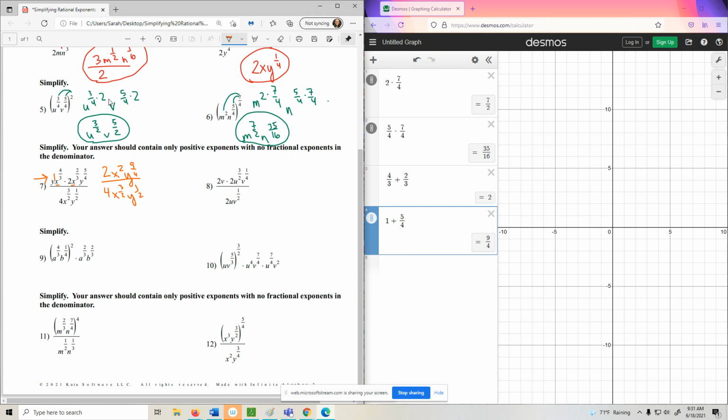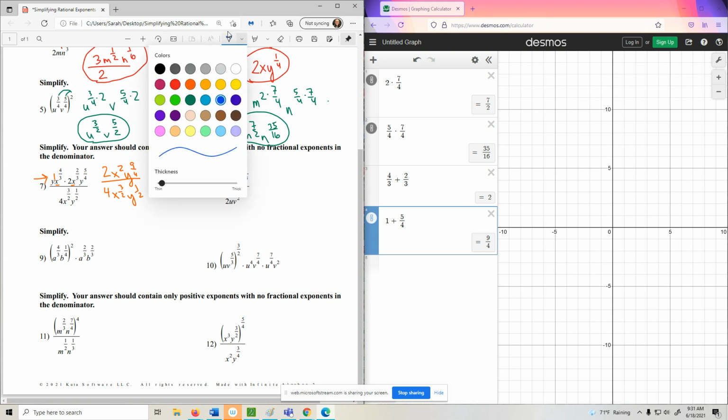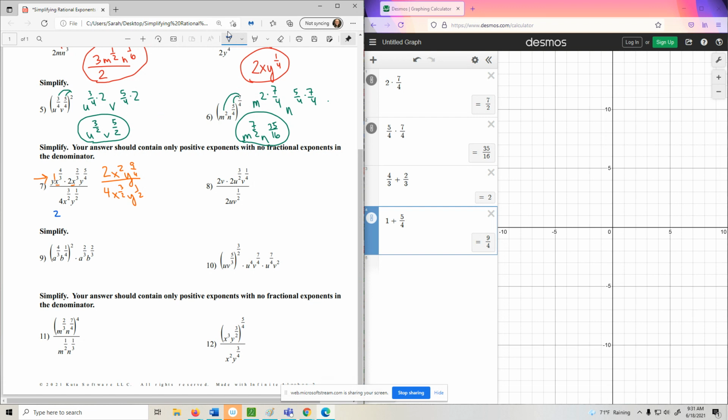So now what I have in orange looks like what we did back with our quotient rule. We're going to divide coefficients, subtract exponents. 2 over 4, if I reduce that, is the same as 1 over 2. You could write that coefficient 1 on top, but you don't have to, so you can do 1 on top, 2 on bottom, or just a 2 on bottom, either way. Now I'm going to subtract top exponent minus bottom exponent for my variables.